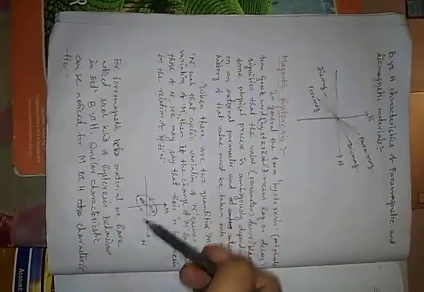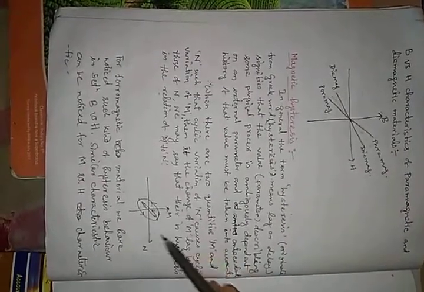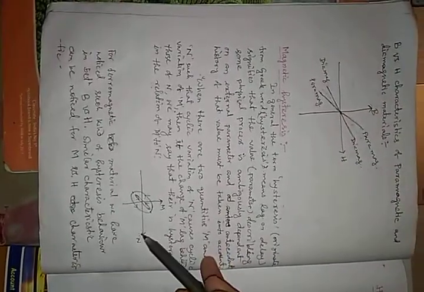If two measurable quantities are related to each other and form a cyclic relationship, that is, m is changing with n, then what will happen?